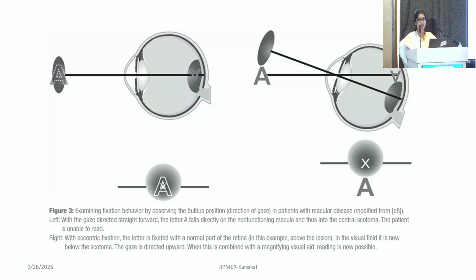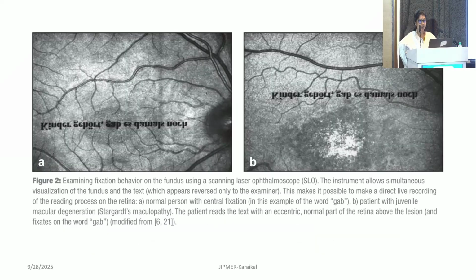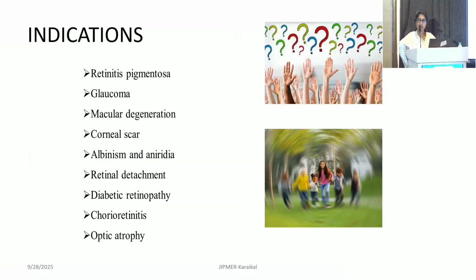So when they tilt their head a little bit to get an eccentric fixation, the letter A comes to a point away from their dystrophic area, and they'll be able to get a better vision. So this has been monitored with a scanning laser ophthalmoscope, which is documented here. When the letters are falling away from the area of dystrophy, they'll be able to read it. So this can be taught as a procedure to the people when they are in the learning phase itself, to develop a little bit of an eccentric fixation so that they can carry on with their works.